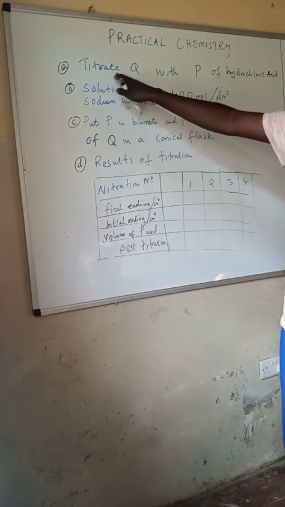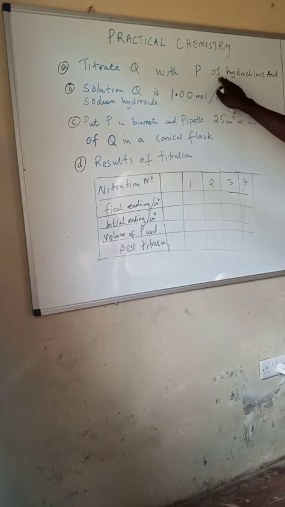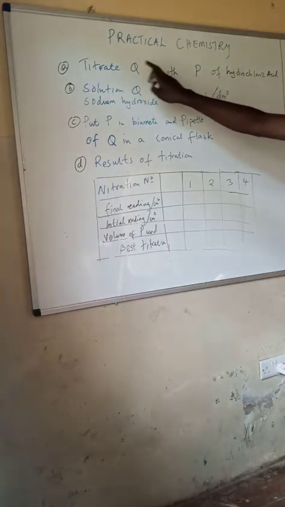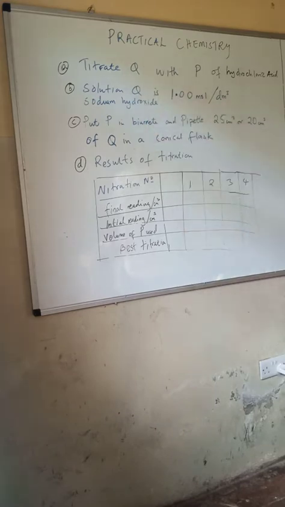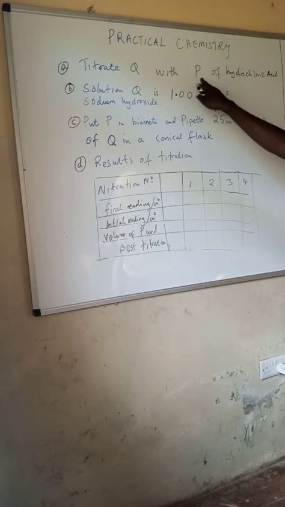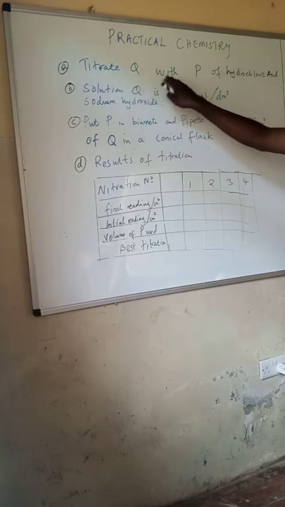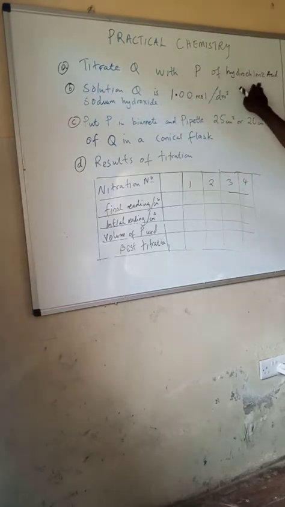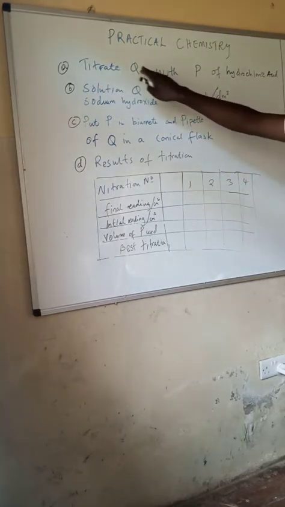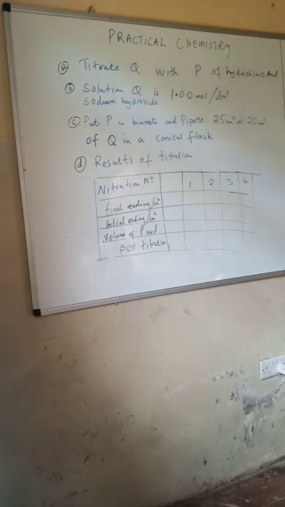So if they're saying titrate Q with P of hydrochloric acid, meaning P is hydrochloric acid, automatically Q is a base. If Q is a base, P is the acid. For example, from the statement, step 1, titrate Q with P of hydrochloric acid. Since P is hydrochloric acid, Q is a base.